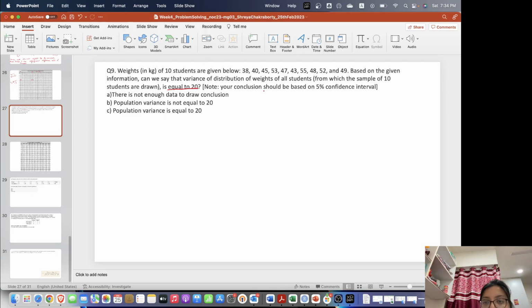Your conclusion should be based on 5% level. So here the null hypothesis is that sigma square equal to 20 versus the alternate hypothesis is that sigma square is not equal to 20.